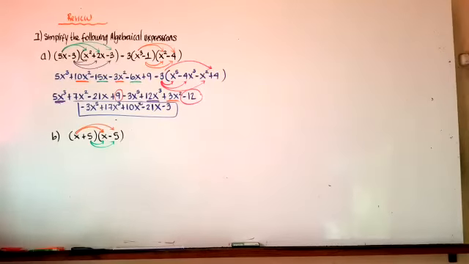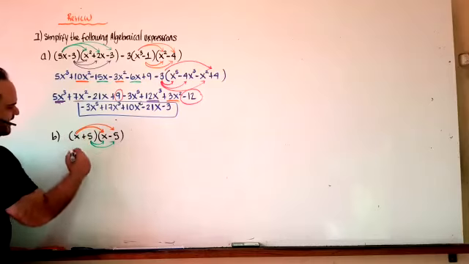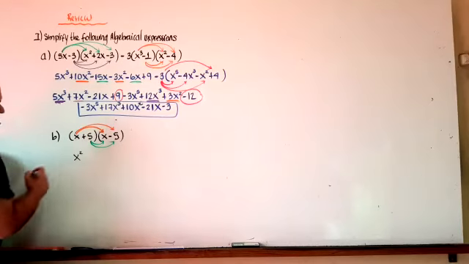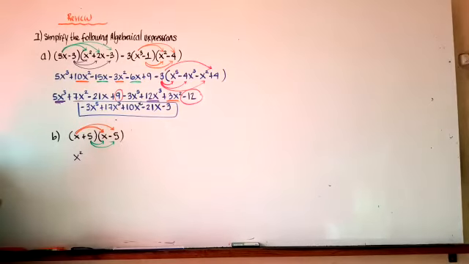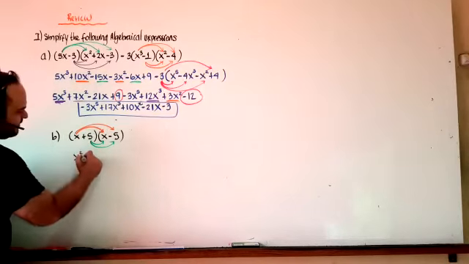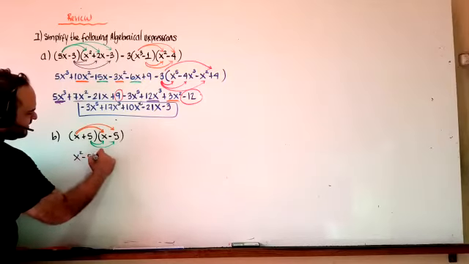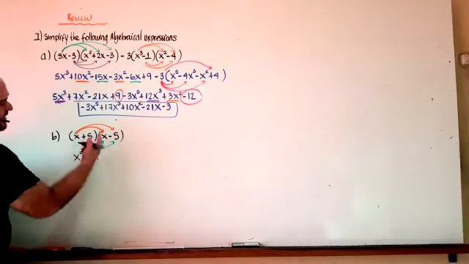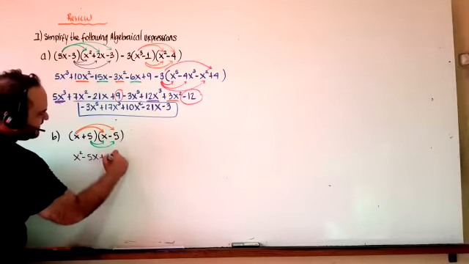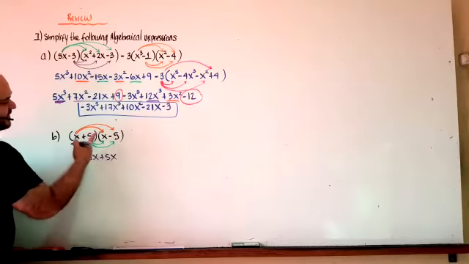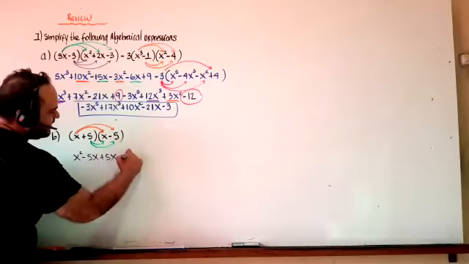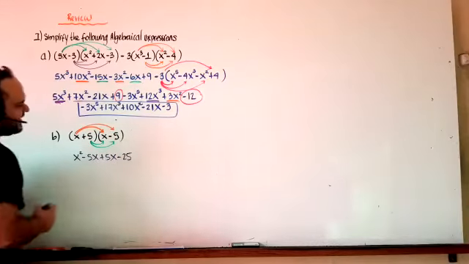So what will be the situation? x times x will be x squared, by the power 2. x times negative 5 will be negative 5x. Now 5 times x, positive 5x. And 5 times negative 5 will be negative 25.